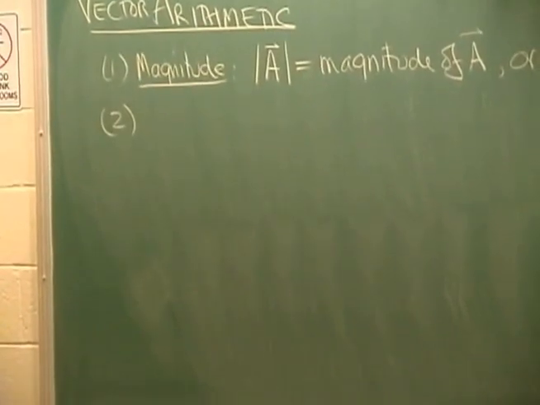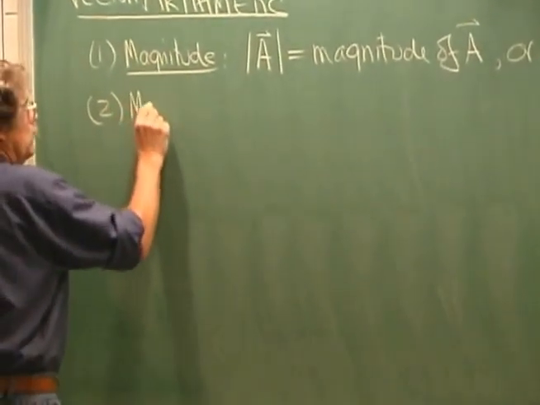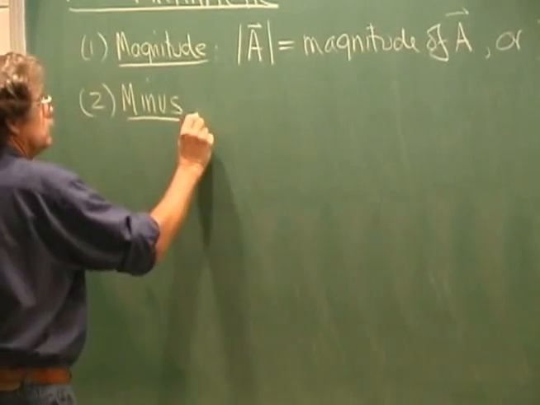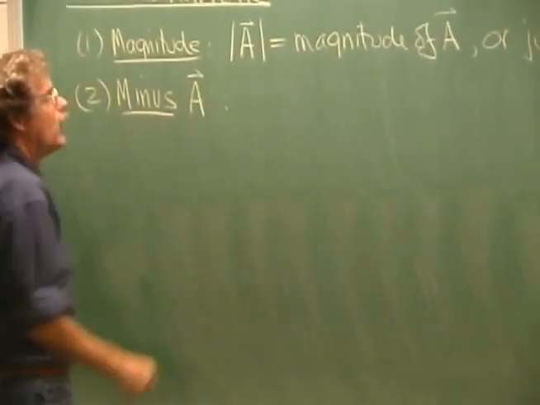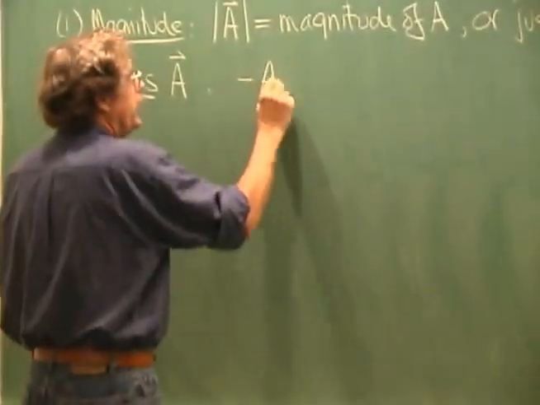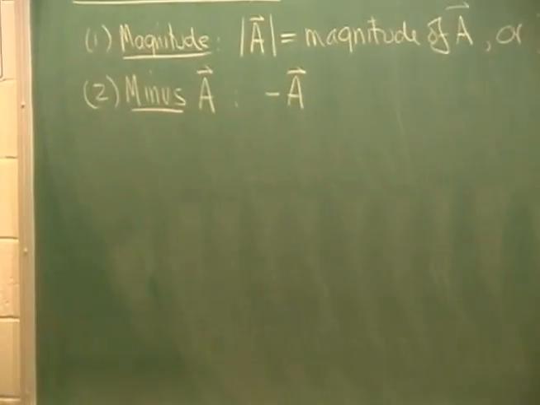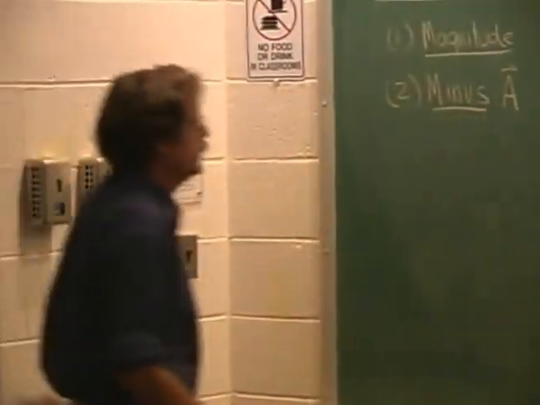Two, minus a vector. What would I mean by minus A? That's a vector with the same magnitude but the opposite direction.